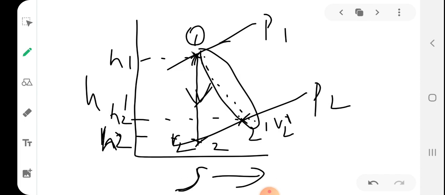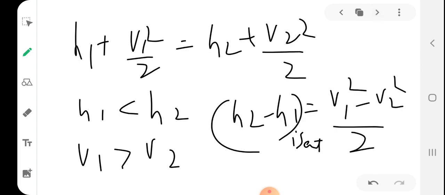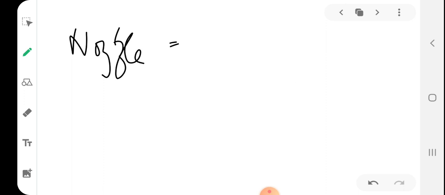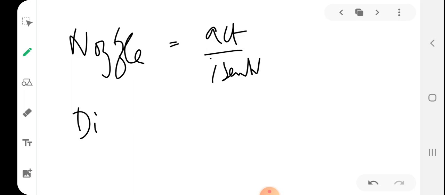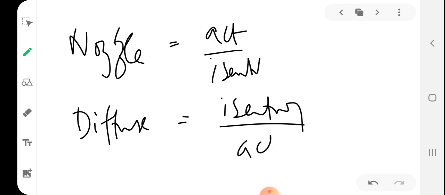In order to make the efficiency less than 1, we take the lower value in the numerator. Just remember that point. So for the nozzle it is actual by isentropic, and for the diffuser it is isentropic by actual. Don't ever confuse these things. You should be very clear and thorough.